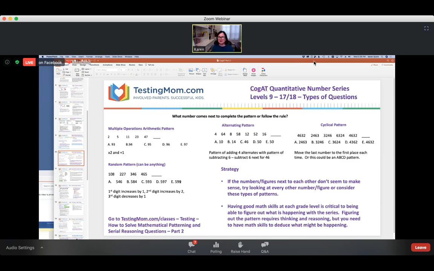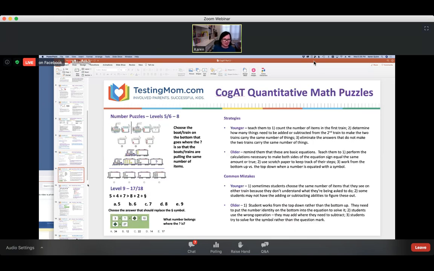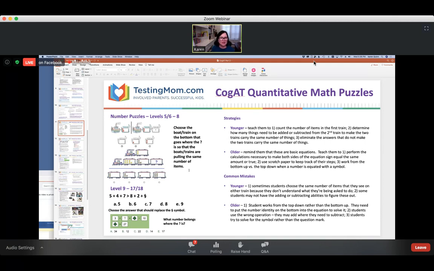Okay. Now, the last type of question for quantitative is for younger kids. They're actually done with trains. We have some practice questions on our website that are with boats, but the actual test does use trains. But these are just some of our own.